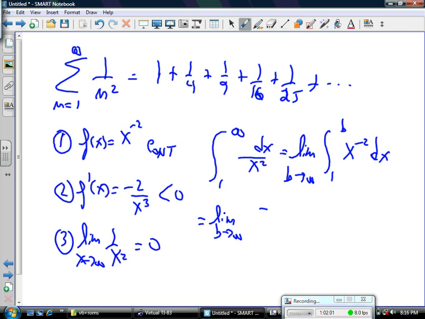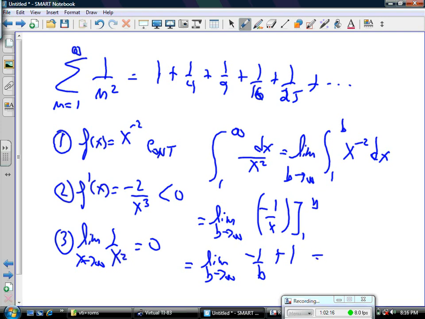I'm going to write it that way. Negative 1 over x, evaluated from 1 to b. Okay, so what's the limit as b goes to infinity of negative 1 over b plus 1 over 1? Does that limit exist? It does, because negative 1 over b, as b gets humongous, gets closer and closer to 0. So what's the answer? 1.